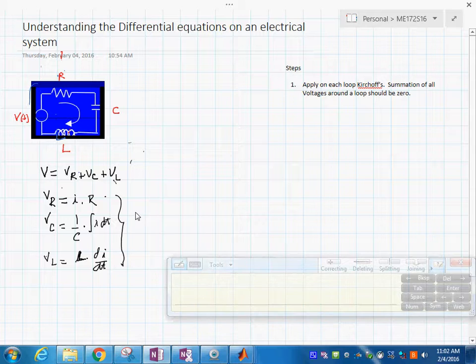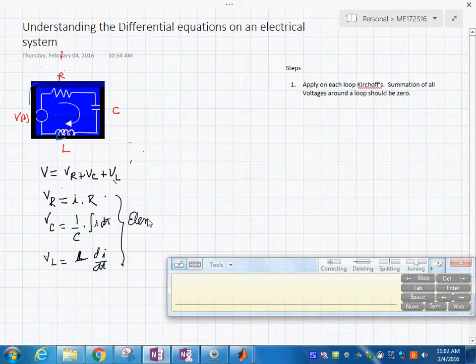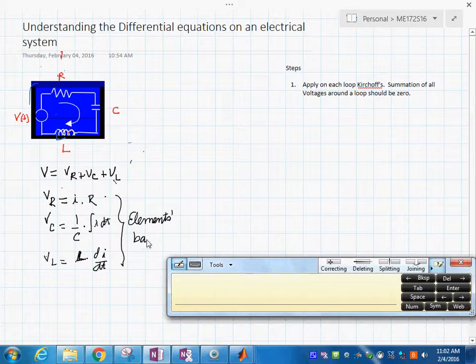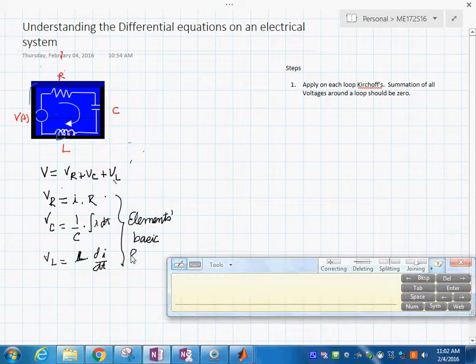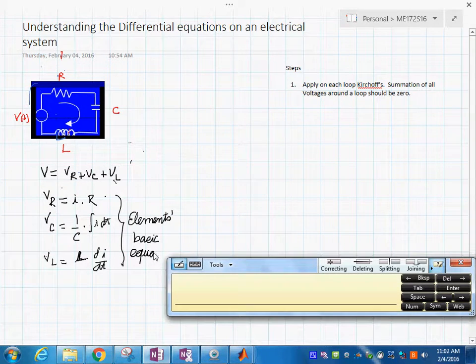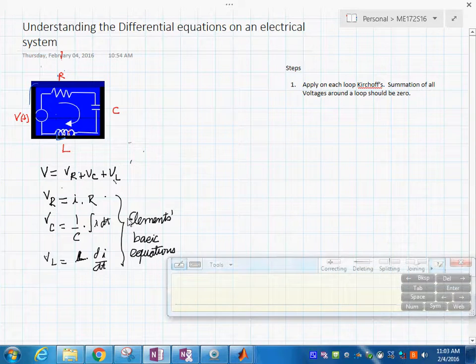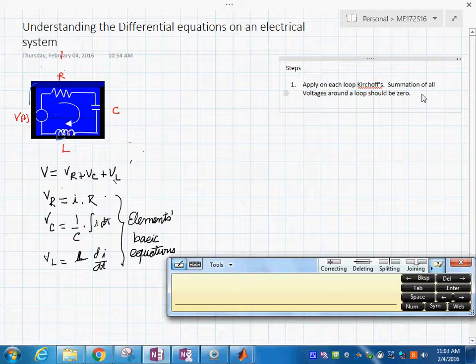Let's put it here: elements, basic equations. In other words, this is how each one of those is defined. So if we keep on with our steps, this is number 2.